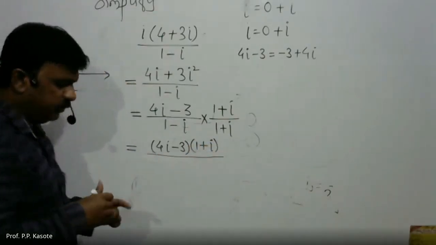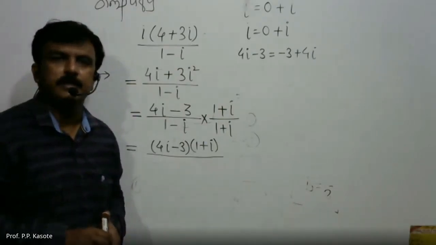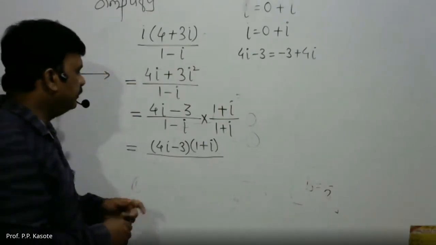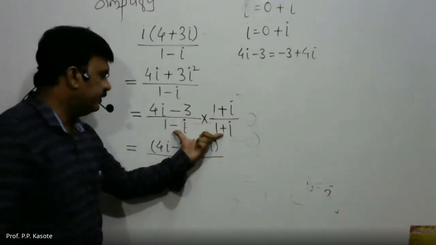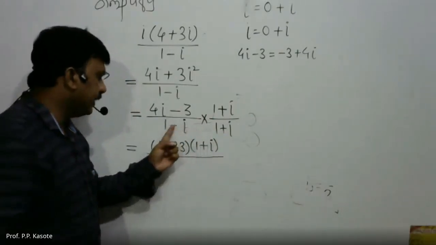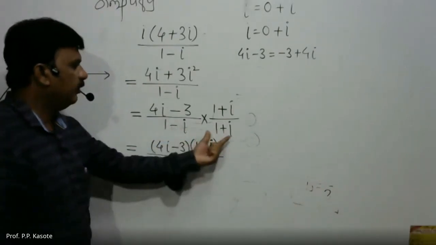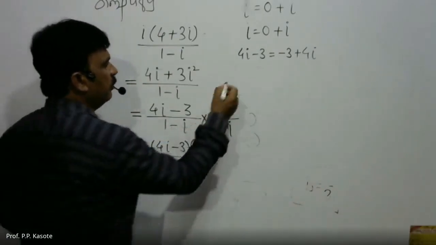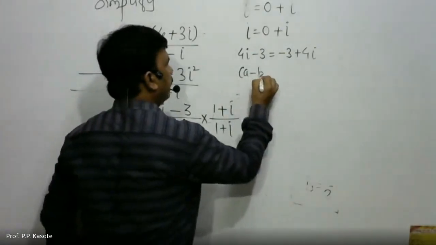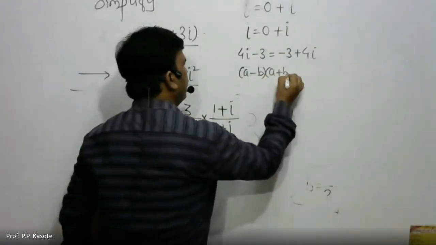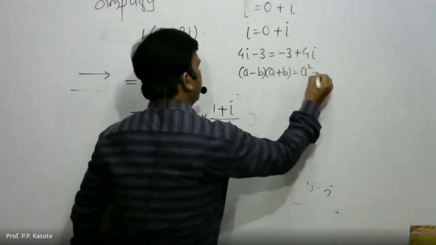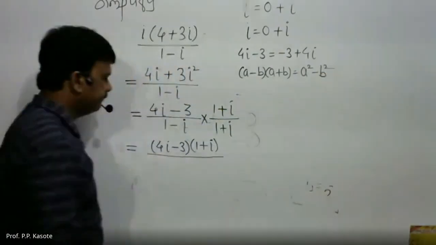Now let us discuss about the denominator. In the denominator, you can observe that the only difference between these two numbers is of sign. Here it is minus, here it is plus. So a minus b और a plus b, इन दोनों का मल्टीप्लीकेशन हम लोग हमेशा क्या लिखते हैं? a minus b into a plus b is equal to a square minus b square.